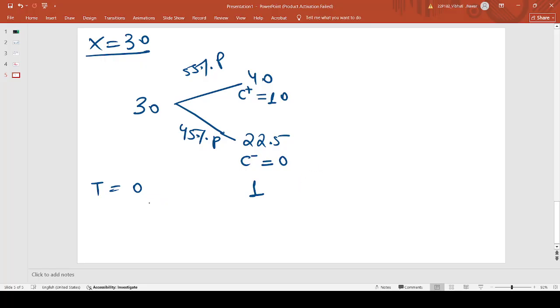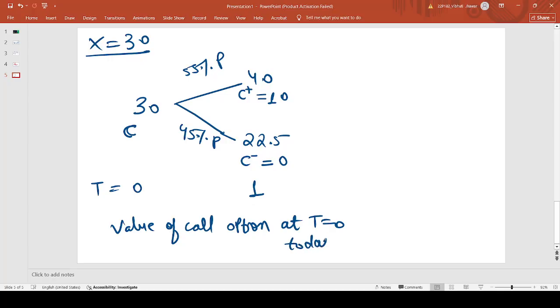Now we want to calculate C, the value of the call option, the price of the call option at t equals 0 today. So this would give you $10 profit, but the chances of this $10 profit is what? 55%.